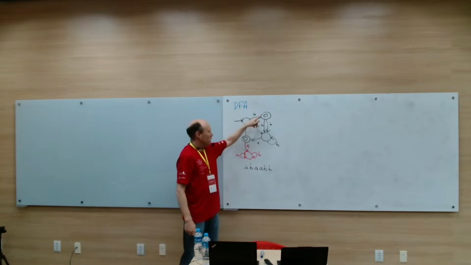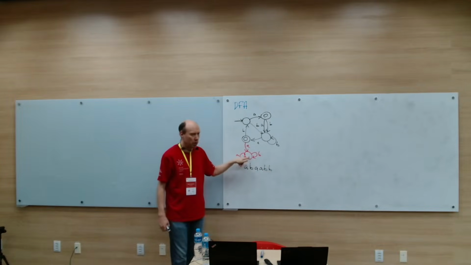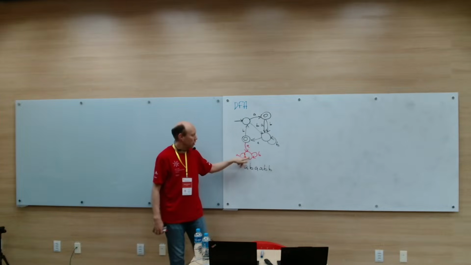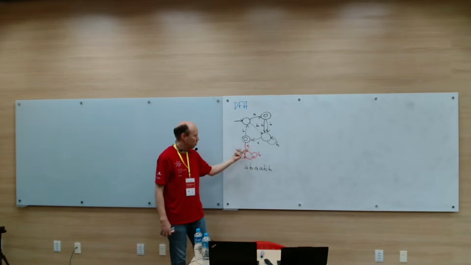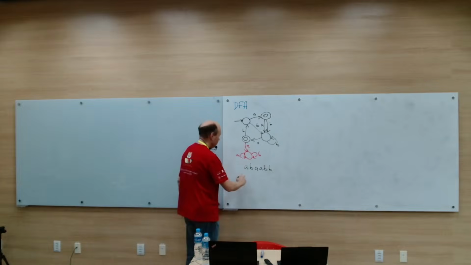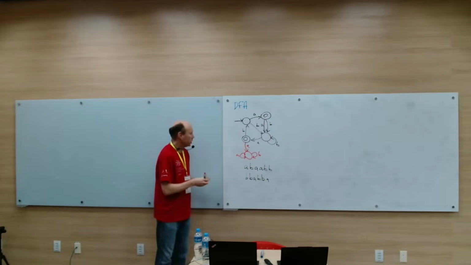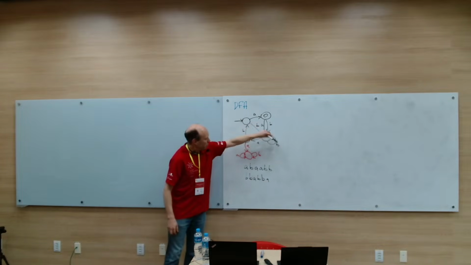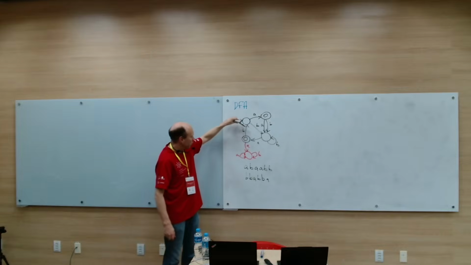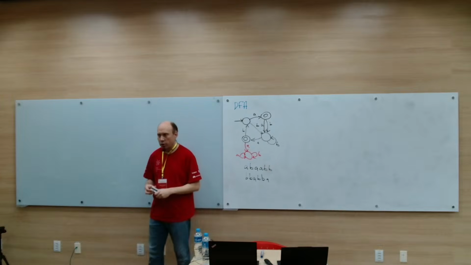So here you go, A, B, A again, and we are here in our sink state, and again A, B, B. Let's take another text, for example, B, B, A, B, B, A. If we do this, we start here, B, B, A, B, B, A, and we end in the terminal state.